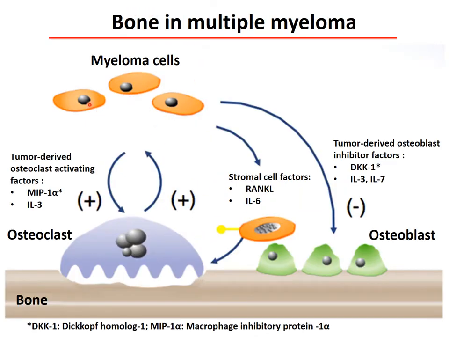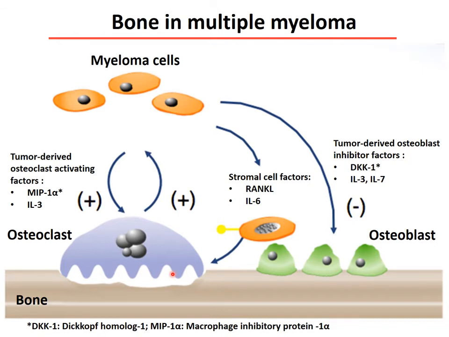Now, this is how we can explain how and why the bone is involved in multiple myeloma. A long time ago, they could not figure out what could be the cause, why the plasma cells, usually sitting in a little nest in the bone marrow, can cause a punctured bone lesion, for example, in the flat bones.